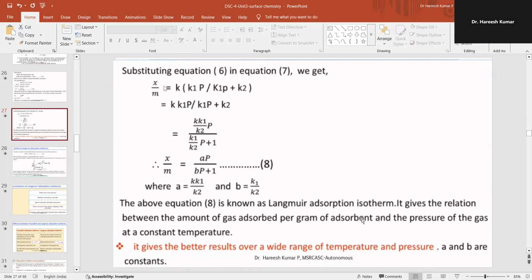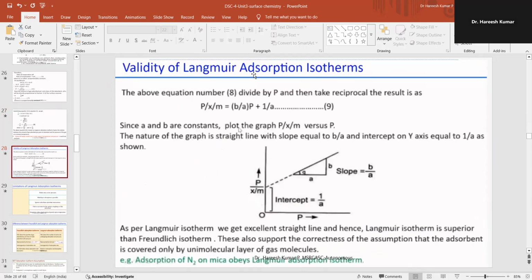It gives the relation between the amount of gas adsorbed per gram of adsorbent and the pressure of the gas at a constant temperature. It gives better results over a wide range of temperature and pressure. a and b are constants. Now, validity of the Langmuir adsorption isotherm: divide equation 8 by P and then take the reciprocal. The result is P upon (x upon m) is equal to (b upon a) into P plus 1 upon a.